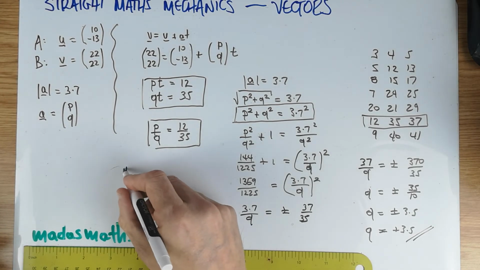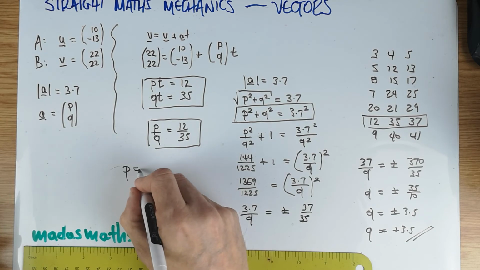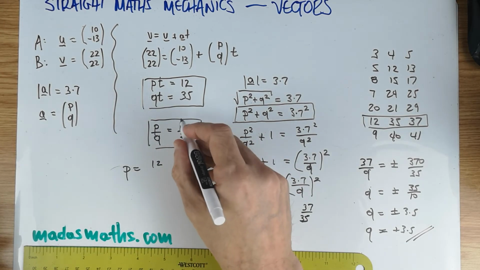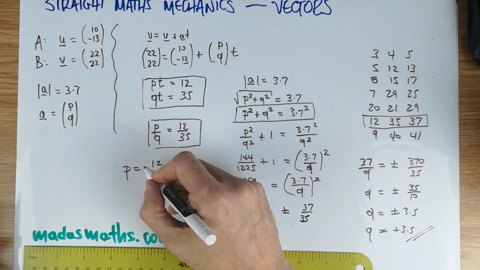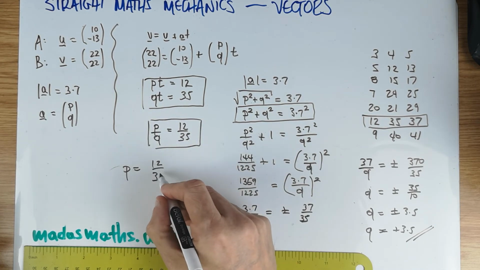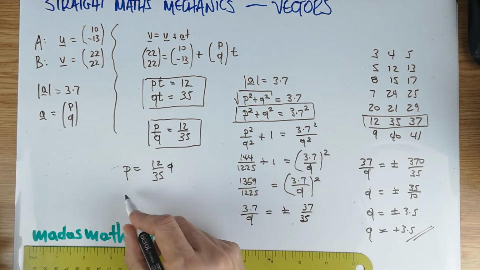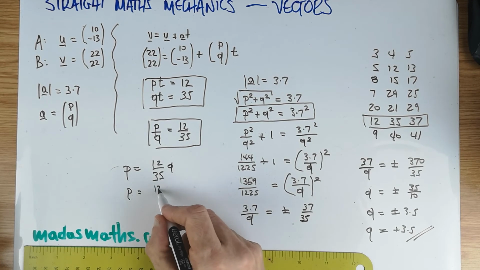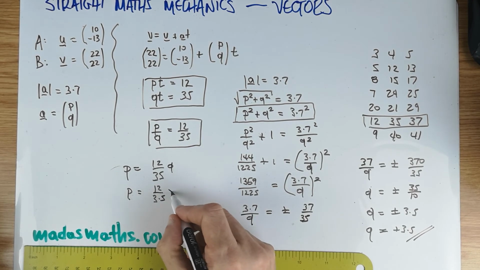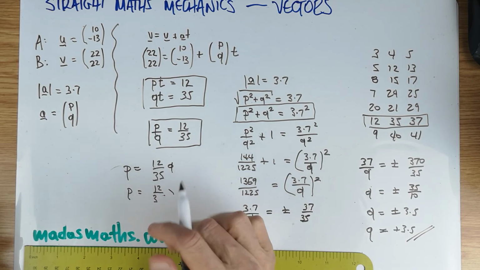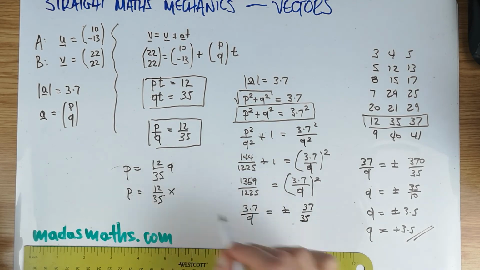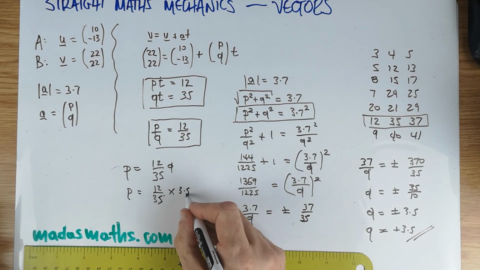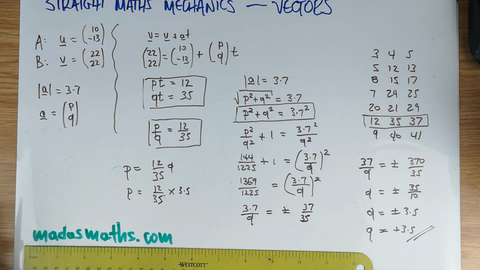And of course the p now can be found very easily from this equation here. So p is equal to 12 over 35 times q. Why did I put 3.5 there? I don't know, it's because I was going to write for the q the 3.5, and of course you can use your calculator.